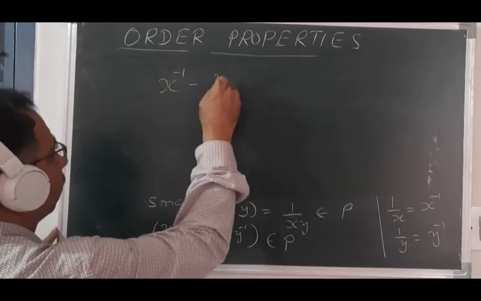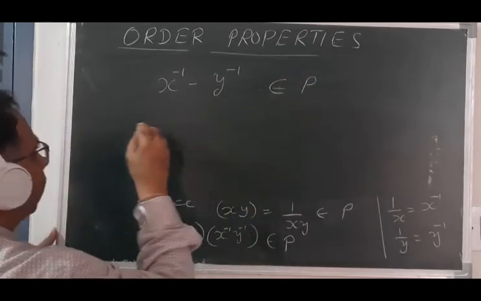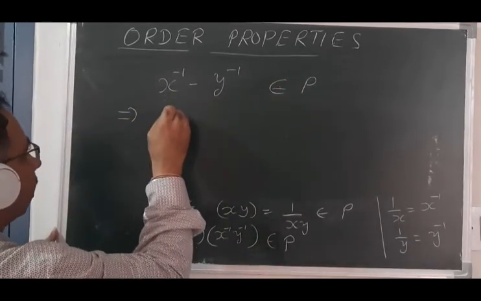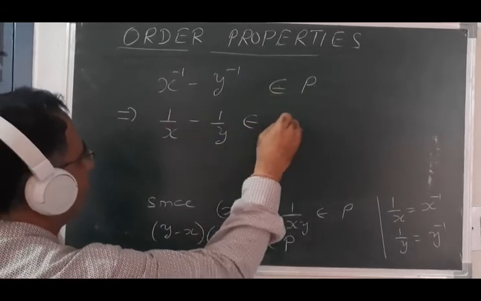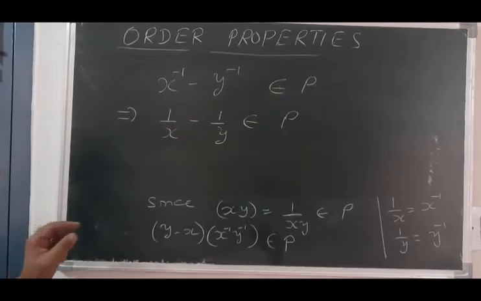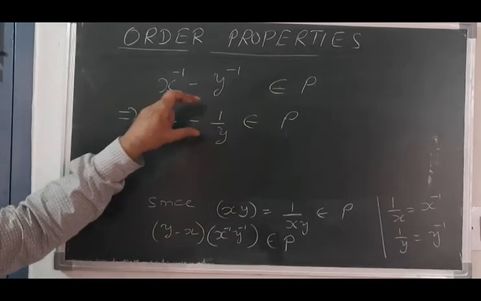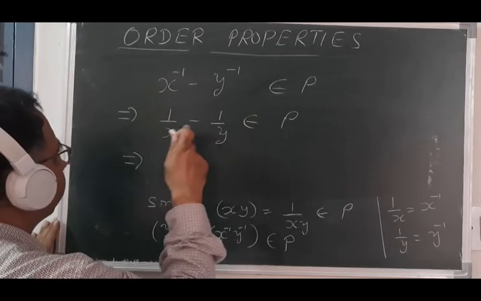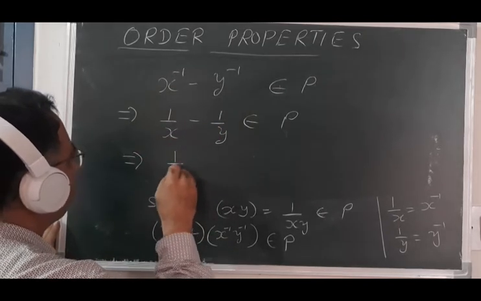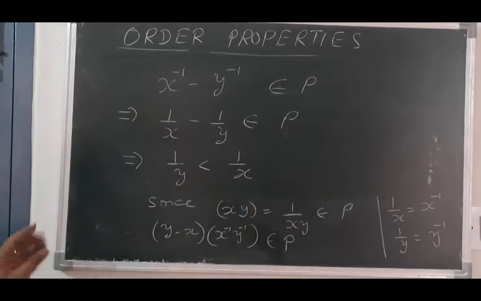So this is x inverse minus y inverse is in P. But x inverse is 1 by x, minus 1 by y is in P. So if A minus B is in P, it means this number is greater than this number, or this number is less than this number. 1 over y is less than 1 by x. So this we wanted to prove.